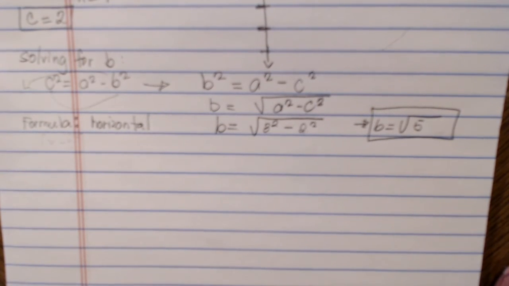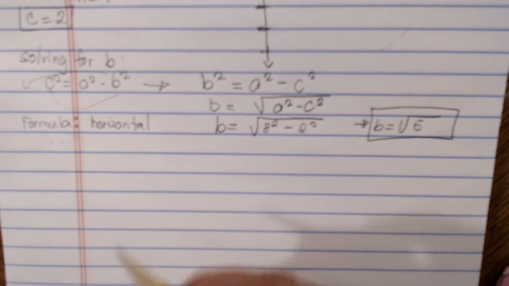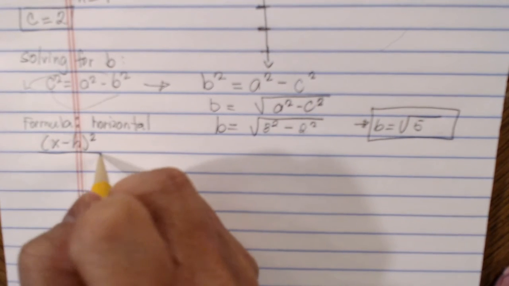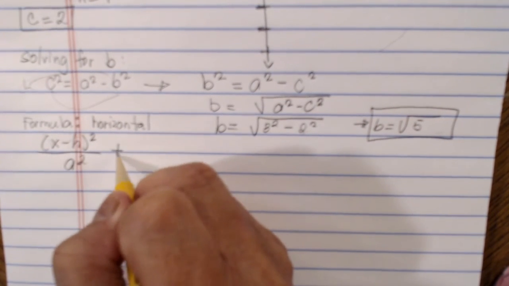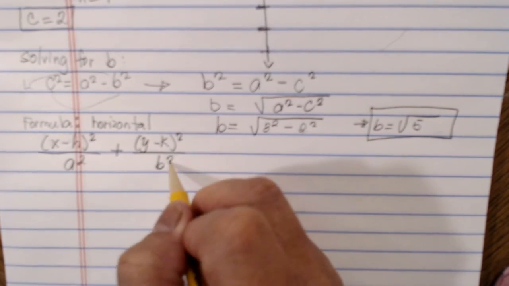I know my center is not at the origin, so this is the formula I'm going to use: (x minus h) squared over a squared plus (y minus k) squared over b squared equals 1.